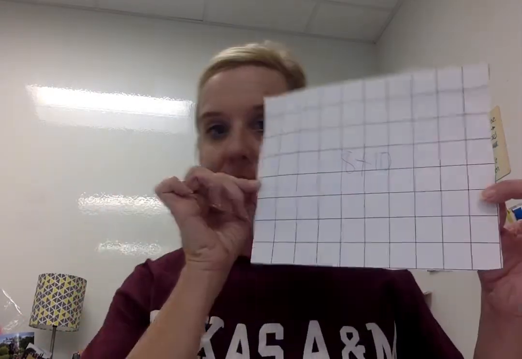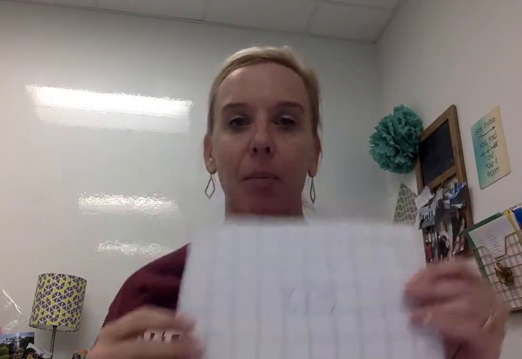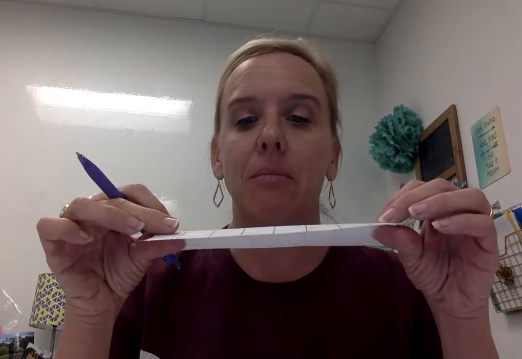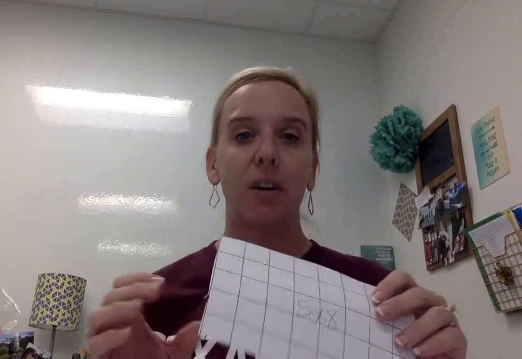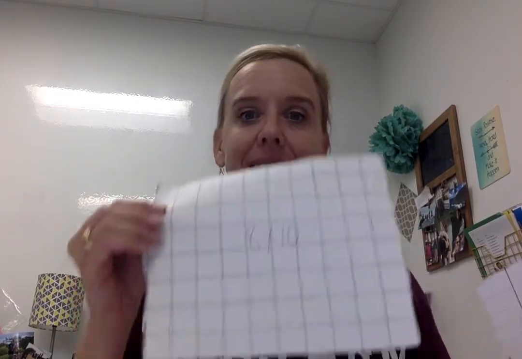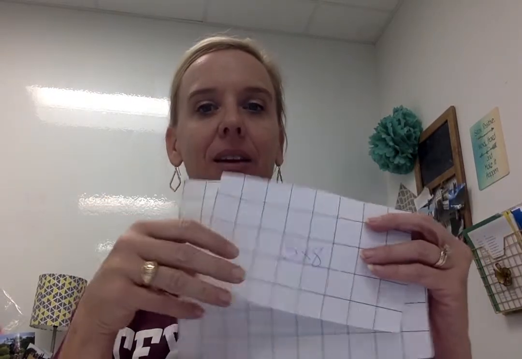Okay, this is a lot of squares. And I could count them all by ones, but that's not very efficient. So I know over here, I have my 8 by 5, or my 5 by 8, and I already know that that's $40. Me and my partner already figured that out. Well, I could take my 8 by 10, and then, oh look, okay.